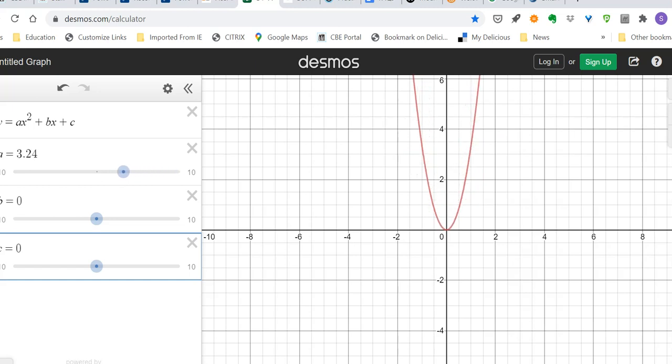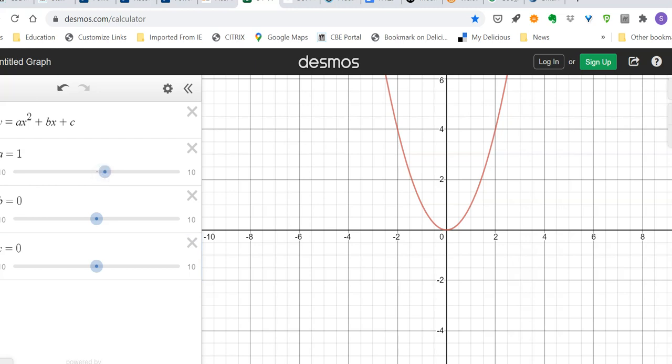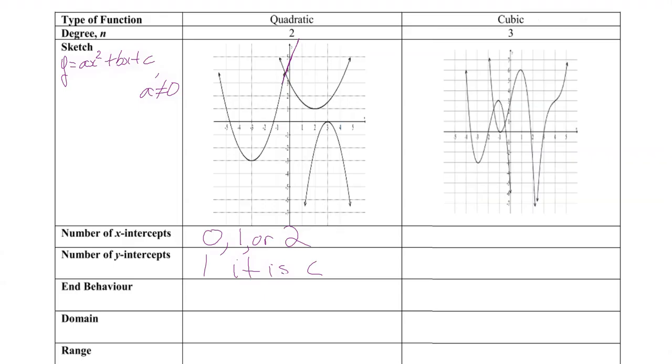So our takeaways here are, it opens up. Right, so for here, we know that a is greater than 0. And for here, we know a is greater than 0.